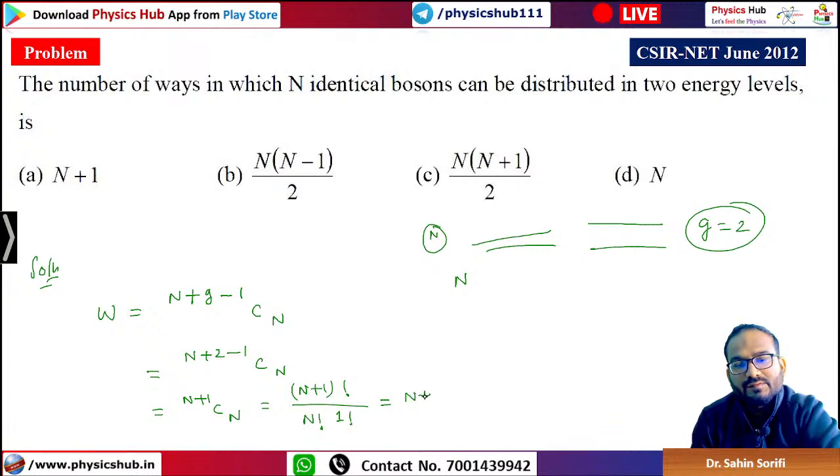So (n plus 1) into n factorial divided by n factorial: n plus 1.